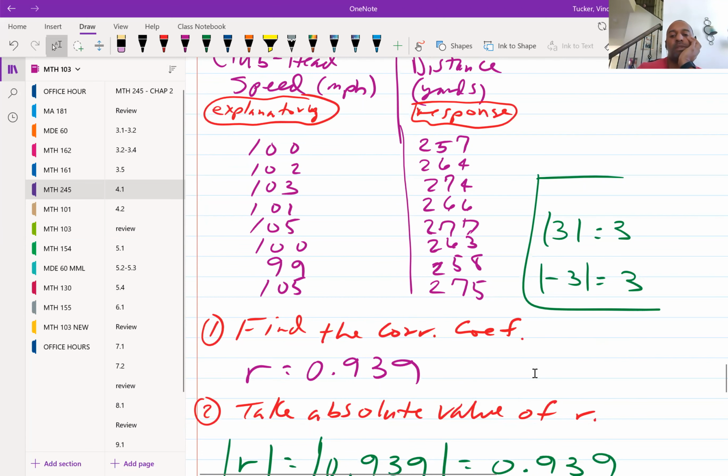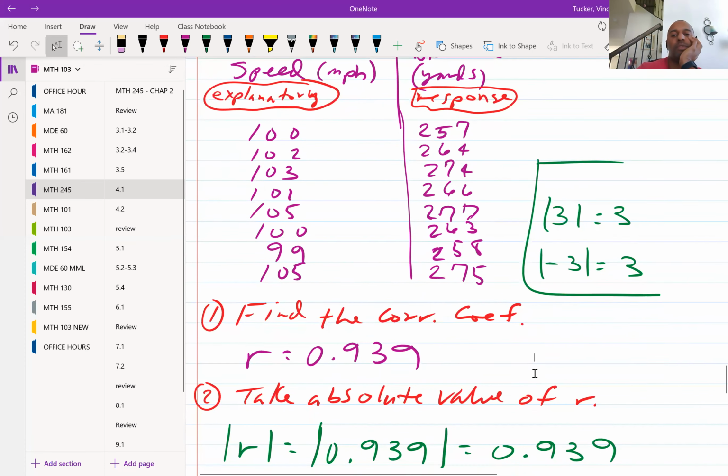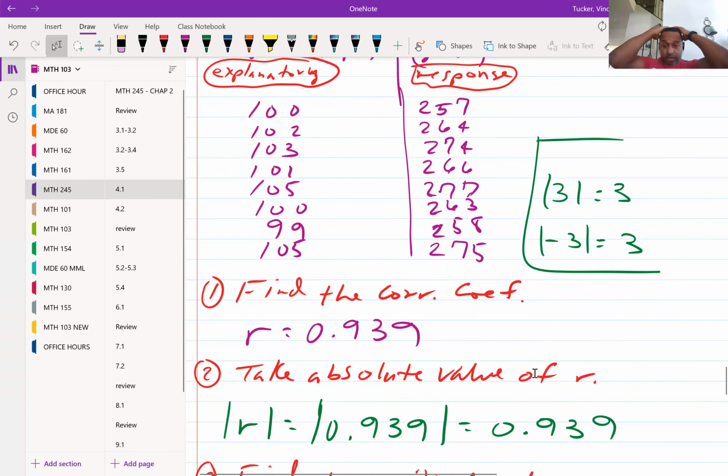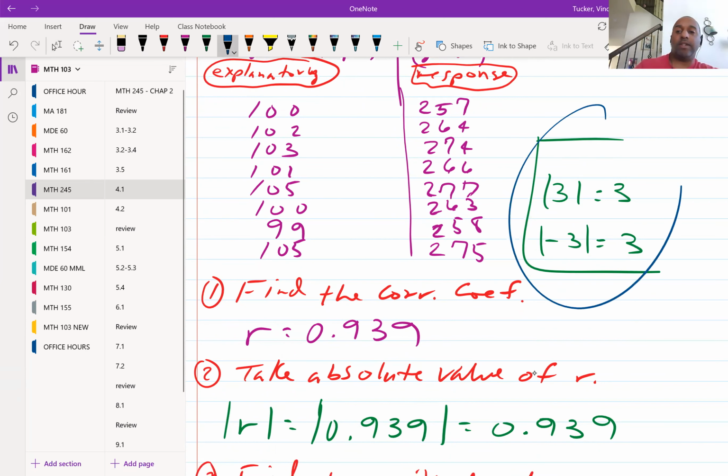All right. Are we able to go up? Now we want to take the absolute value of your correlation coefficient. I emphasized it right here. Whenever you take the absolute value of any number, it's just the positive representation of that number. If you took the absolute value of +3, your result is +3.